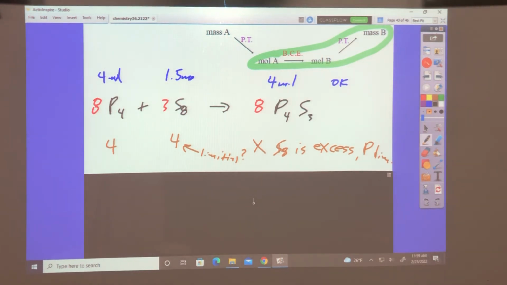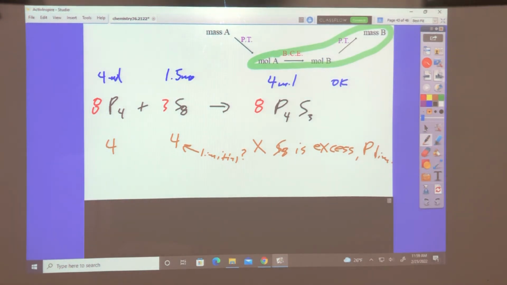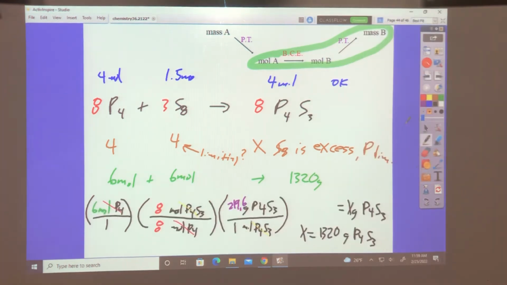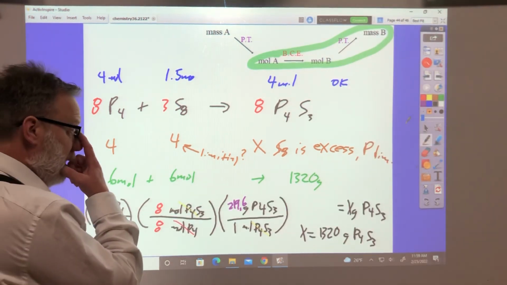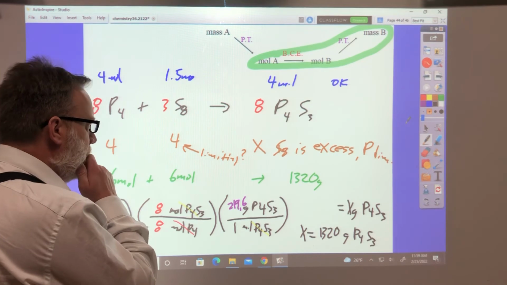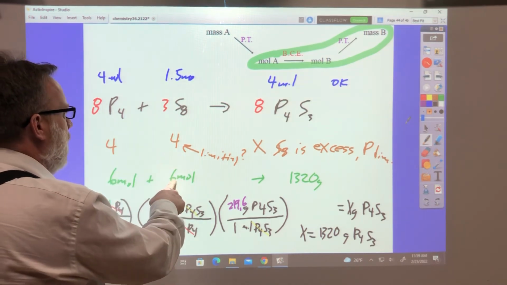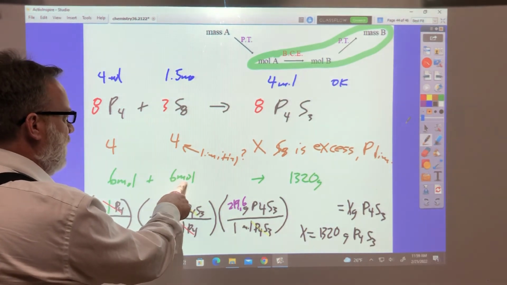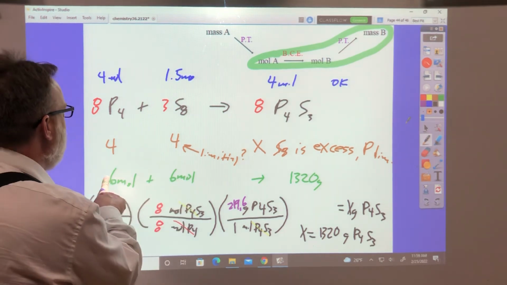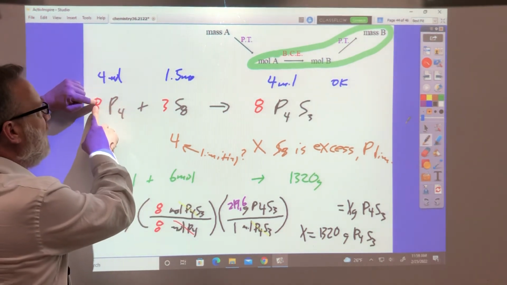And the last one, 6 moles P4 reacts with 6 moles S8, forming 1,320 grams. Well, let's take a look here. There are different ways to do this. First of all, I know that S8 is excess, because if I have 8, I need 3.